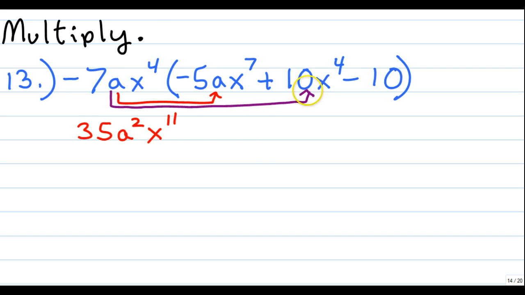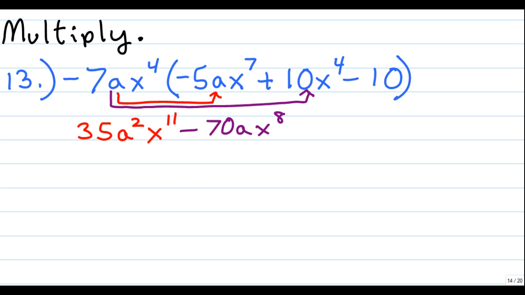A negative 7 times a 10 makes a negative 70, so I'm going to write minus 70. Moving on, I don't have an a here, so this is just going to stay as it is, just a single a. I'm going to copy it down. Then I have an x to the 4th degree with an x to the 4th degree, 4 plus 4, which equals 8, x to the 8th degree.